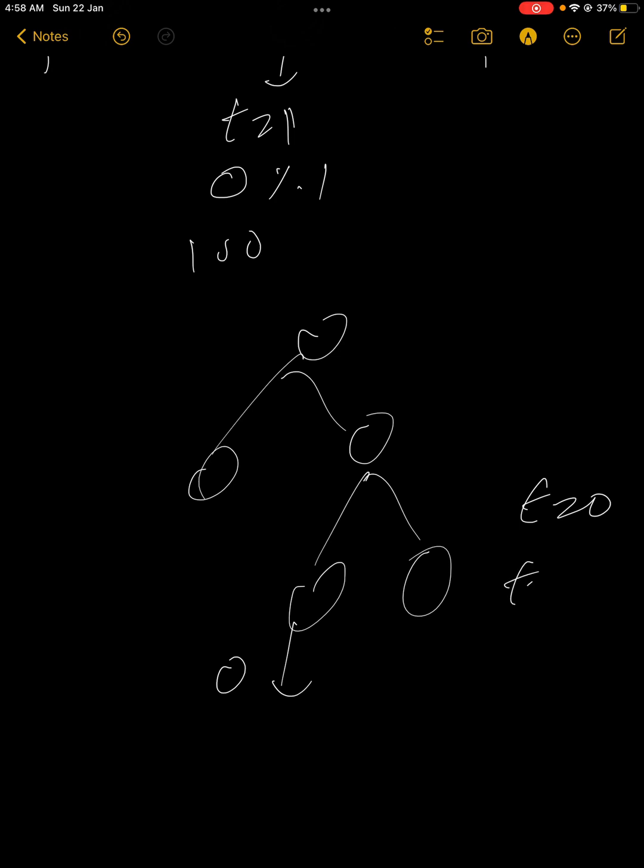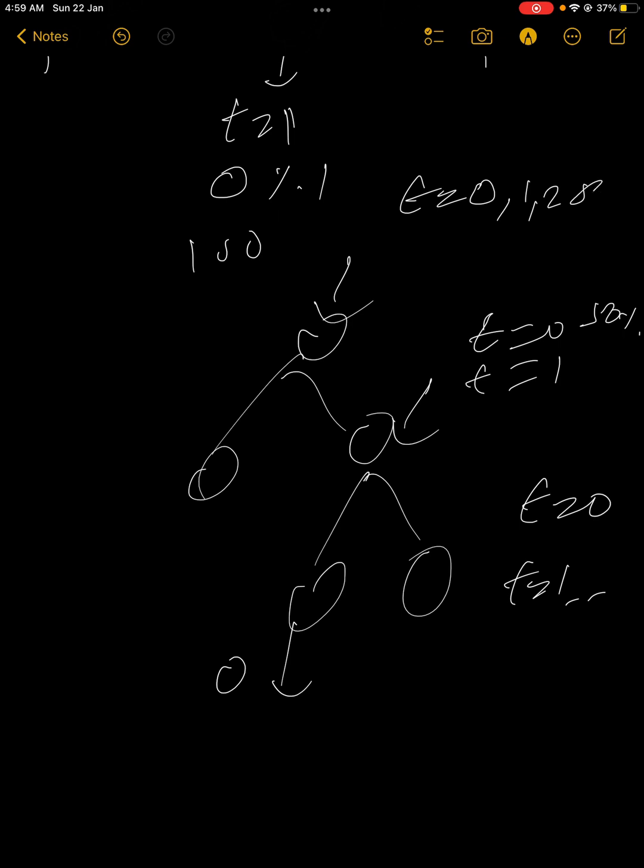For t equal to 1 and so on, it has 0% chance. This node has depth 1, so only for t equal to 0 and t equal to 1 it has 50% chance, while for others it is 0. Similarly for this one, up to t equal to 2 it has 50% chance. So for 0, 1, 2 it has 50%, while for others it is 0%.